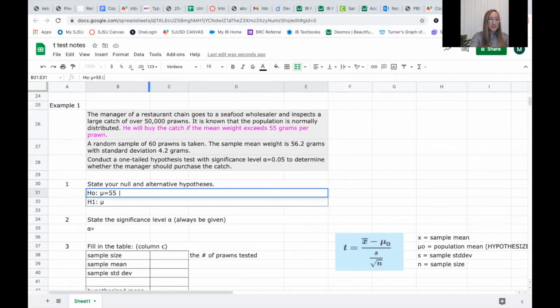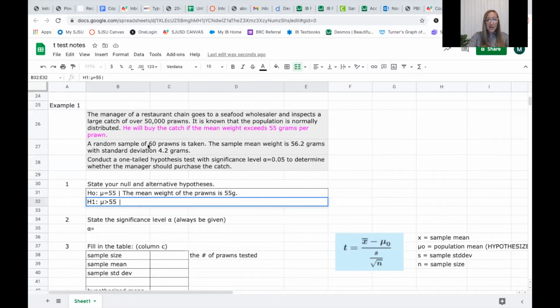So putting this into words, we would say the mean weight of the prawns is 55 grams. Okay, because we're only going to buy it if they weigh more than 55 grams on average. So that would mean our alternate hypothesis is mu greater than 55.